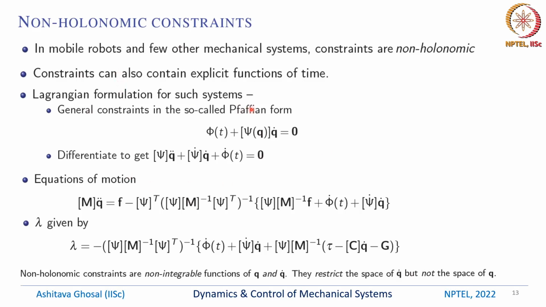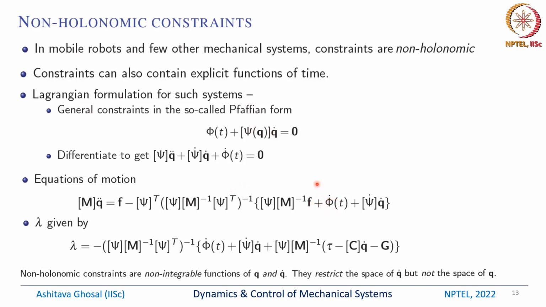Sometimes the constraints can also be explicit functions of time. In such systems we can also use the Lagrangian formulation. The general constraint in what is called the Pfaffian form is psi of q times q dot plus phi of t equal to 0. The psi q dot term is similar to what we obtained by taking the derivatives of the loop closure equations.